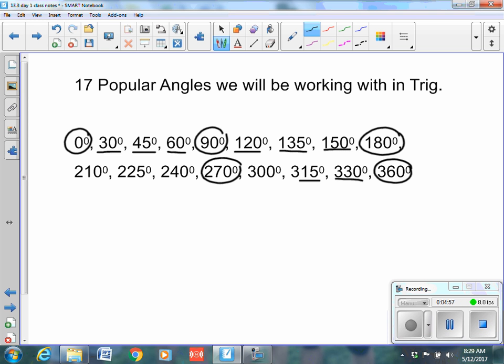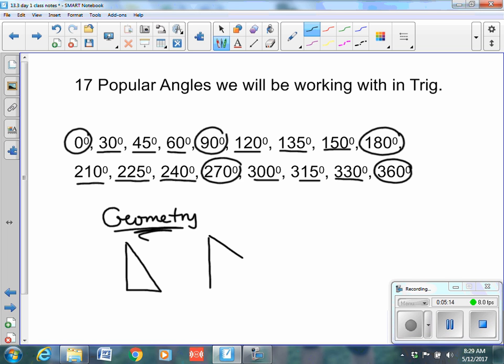All the other ones. So, the key to learning these is geometry. And I hope you remember this from geometry. There are two triangles that you should have learned, right? The 45, 45, 90.